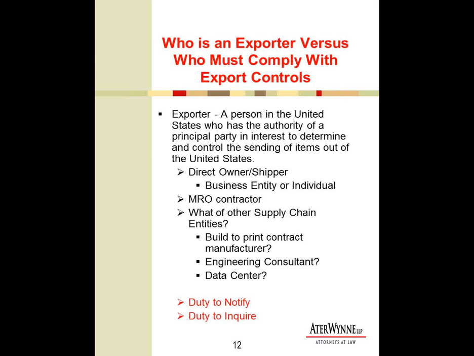It might involve a contract manufacturer, a company whose only contact with that product may be to build to print for a customer. It could be a consulting engineer, or it could be even a data center or a cloud services provider. All of these kinds of entities and individuals can be exporters.